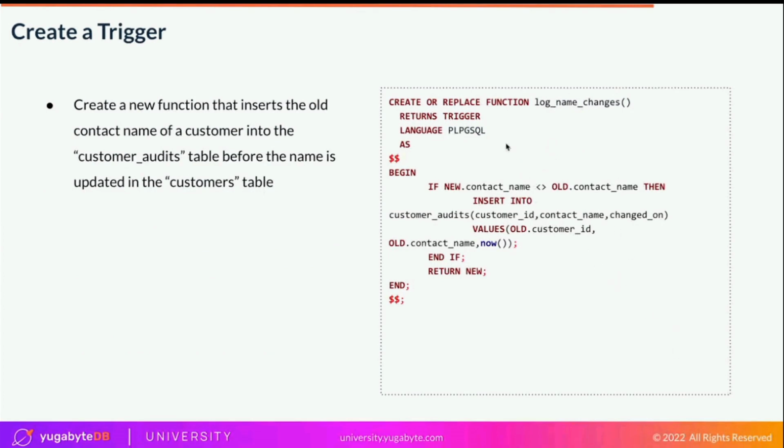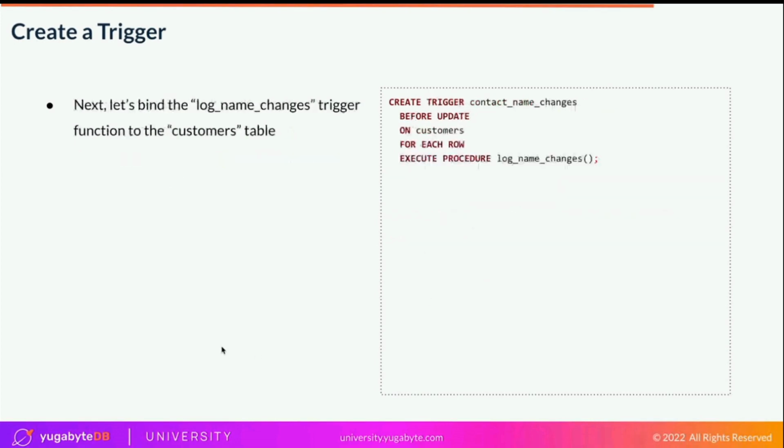So here's an example of creating a trigger using PL/pgSQL, PostgreSQL's procedural language. So if a new contact name doesn't equal the old contact name, then we're just going to insert a row into customer audit. That's the user-defined function. And then we create the trigger itself called contact name changes, and we define its behavior before the update occurs.